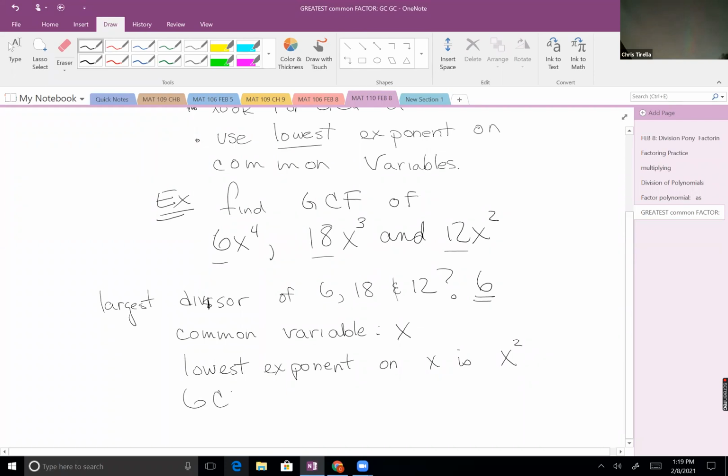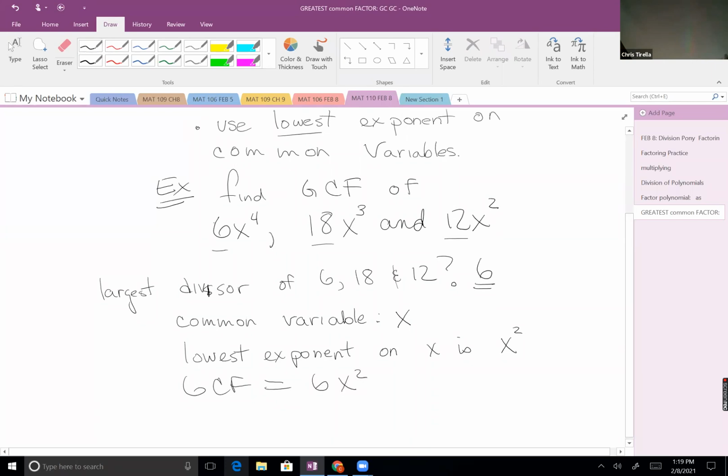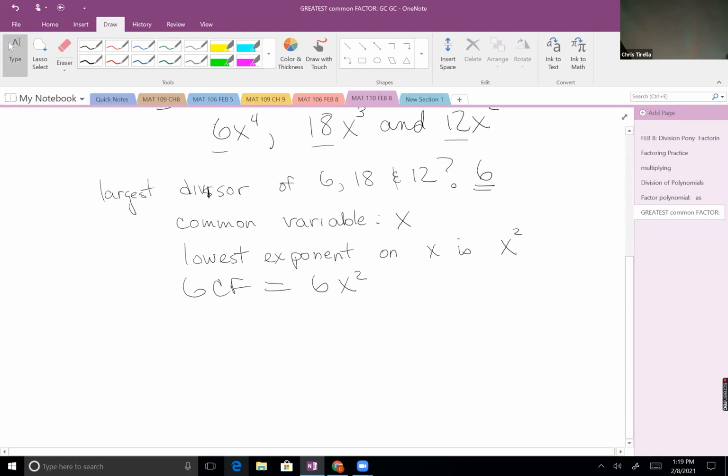So the greatest common factor, putting those pieces together, would be 6x squared. And we're going to use that to factor the greatest common factor out of a polynomial.